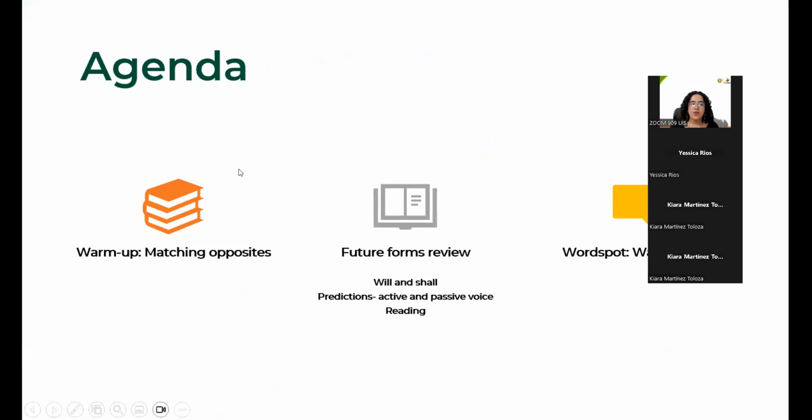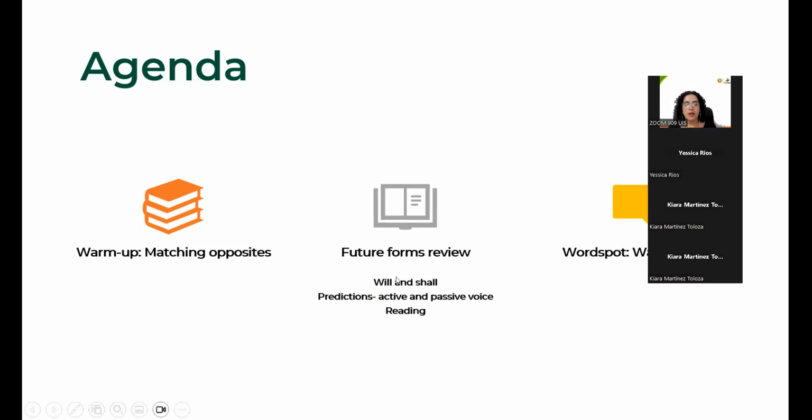So let's start today. We're going to start with an activity of matching opposites. This activity is related to the previous topic that you were studying with teacher Sandy, with that vocabulary of current trends. But today we will focus on future forms, so we will do a bit more practice of the future forms. We will check the answers from yesterday's activity.